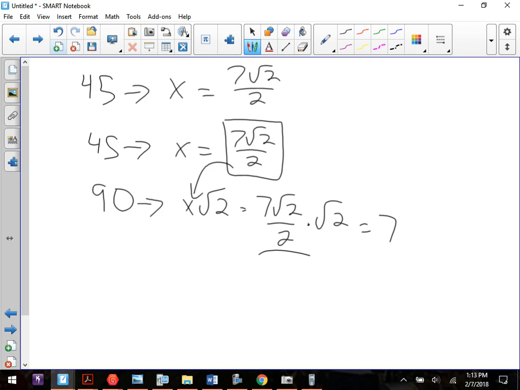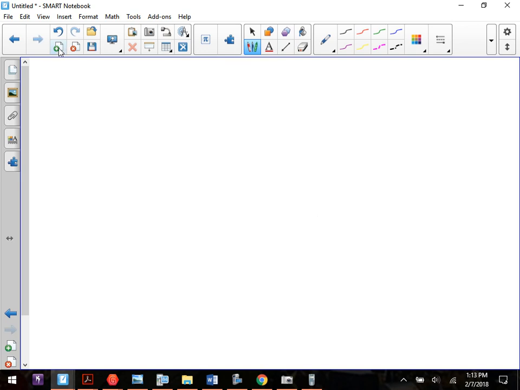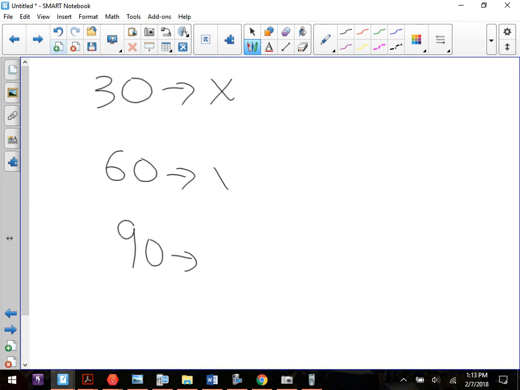Look at number 3 directly below it. What kind of a triangle is it? It's a 30-60. Good. So the first thing I do on number 3 is I write down 30, 60, 90. I fill in the blanks. I write down my blanks.